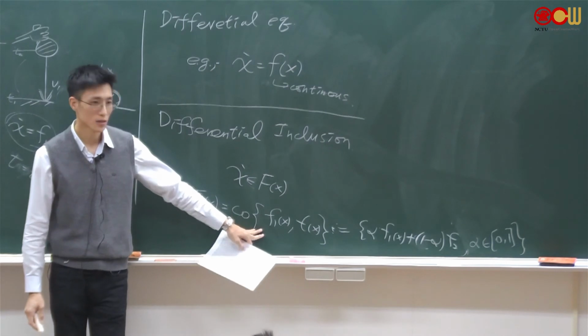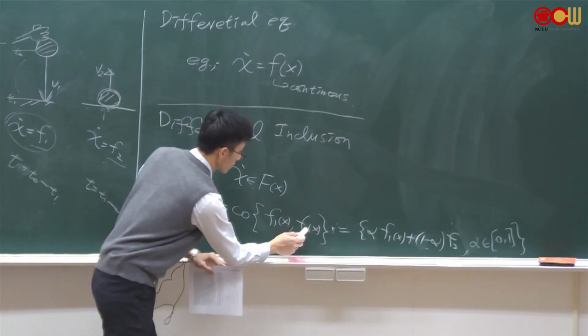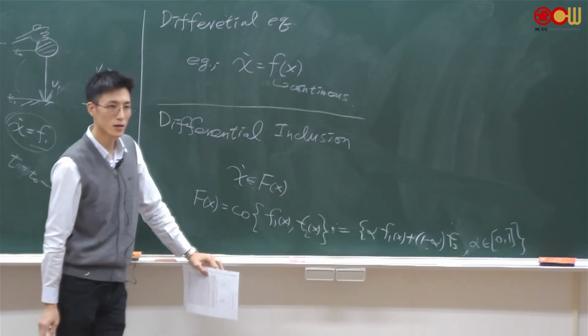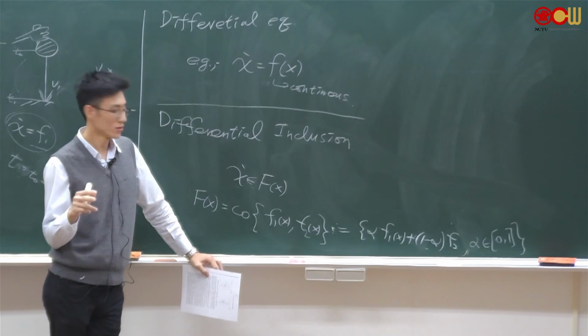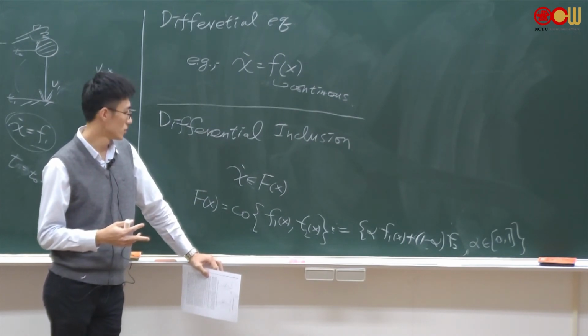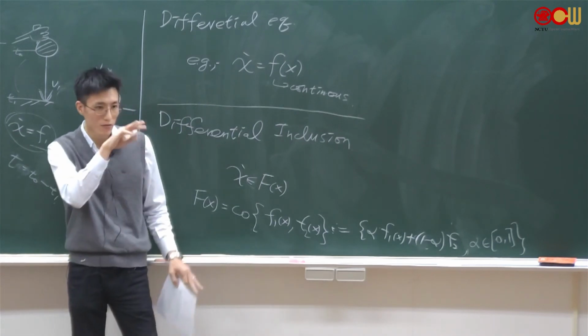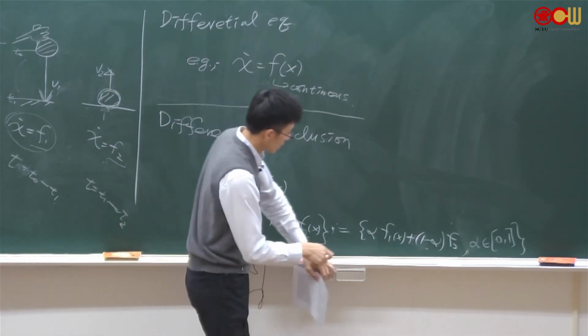Capital F is a convex set of F1 and F2. Okay? It's a set, not one differential equation, not one function, it's a convex of two functions. So it's a set. 它不是一个 F, 它是很多 F. And the set of F is this.